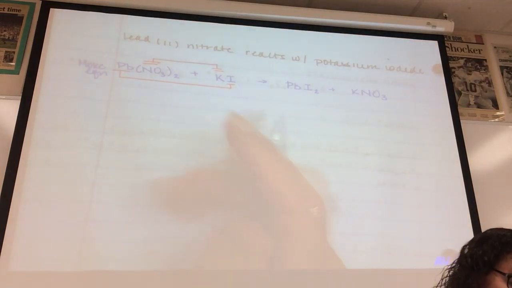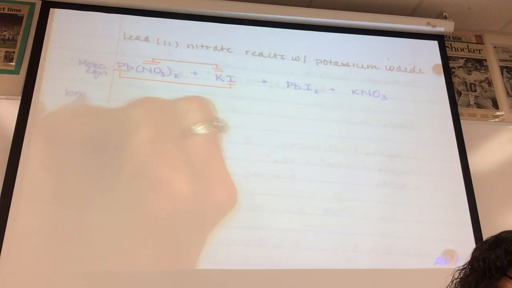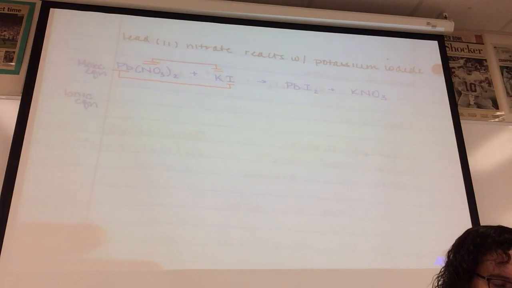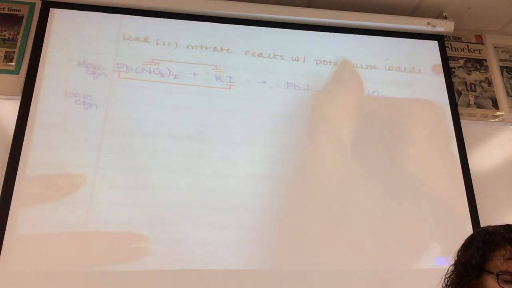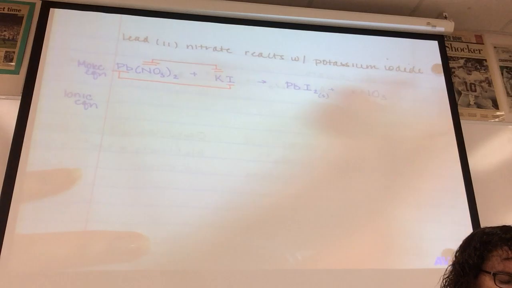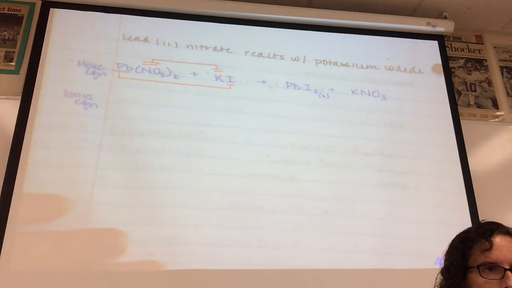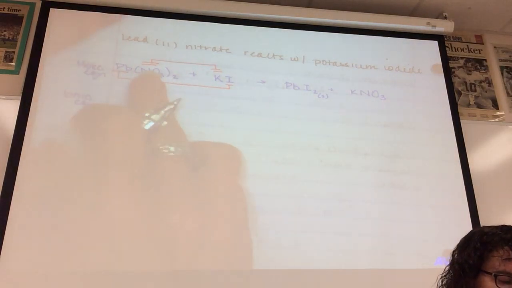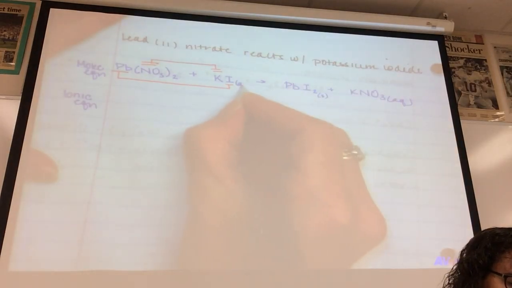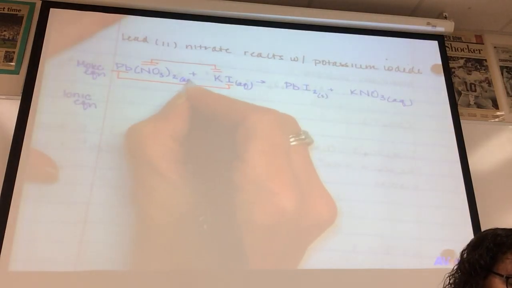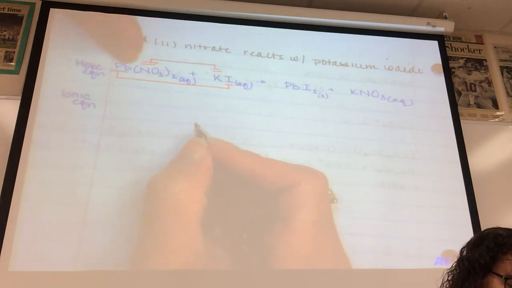Well, you can write an ionic equation. And in an ionic equation, any aqueous substance is split into ions. In your double replacement reactions, one of the products will be a solid. I'll show you how to determine that. In this case, it's lead 2 iodide. All the other ones will be aqueous. And instead of writing them as a unit, we will break them up into ions.